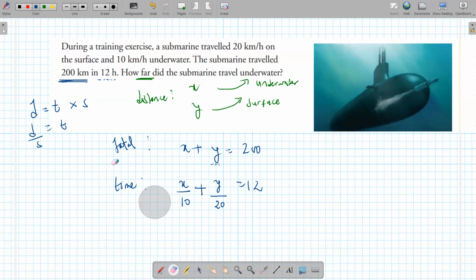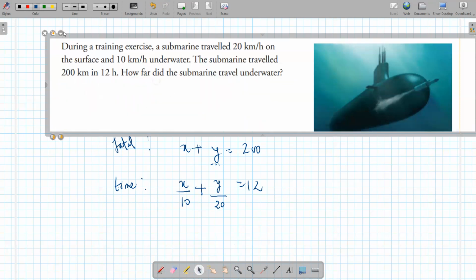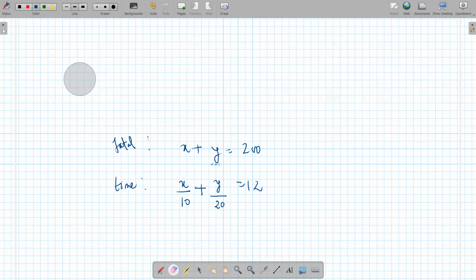I'm just going to show you this both ways. How to do this using elimination, how to do this using substitution. I'm going to need some space. So if you're using substitution, you're going to have to sub one in terms of the other. So you can write this in terms of y or you can write this in terms of x.